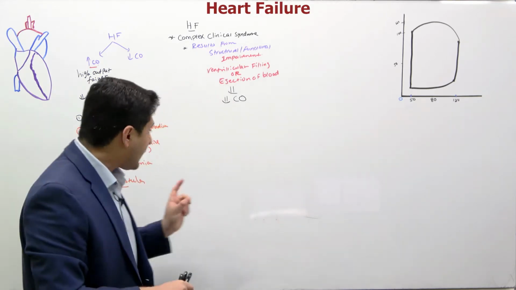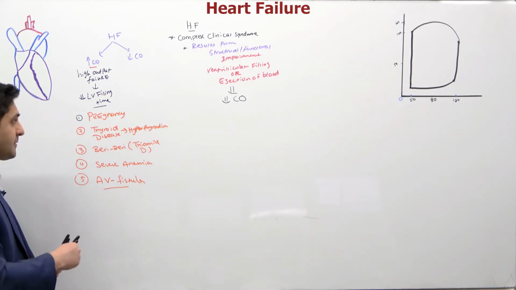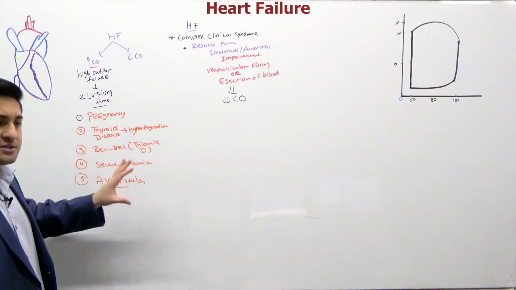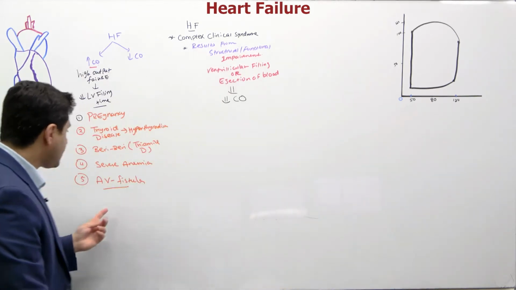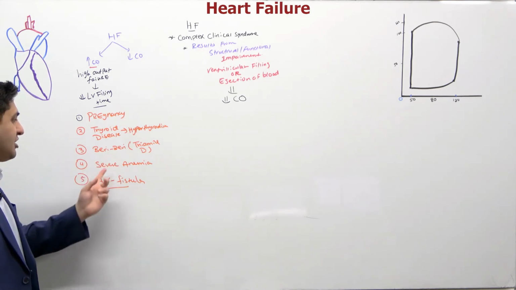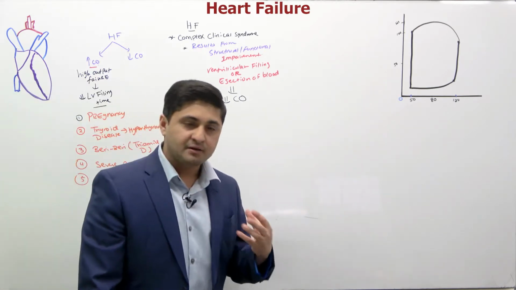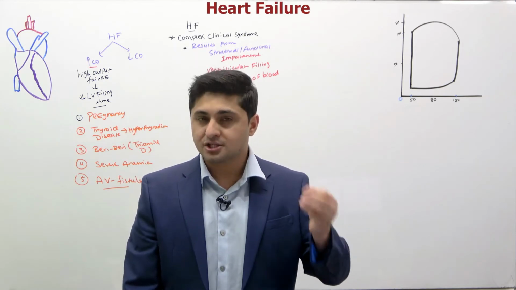In that case, you can get high cardiac output failure. These 5 conditions that I have listed, you must know, because sometimes they ask you on your exams. They love asking about AV fistula, beriberi or severe anemia. If they ask you about these 3 conditions, you should think there is a high cardiac output failure, okay? That's something you have to remember.